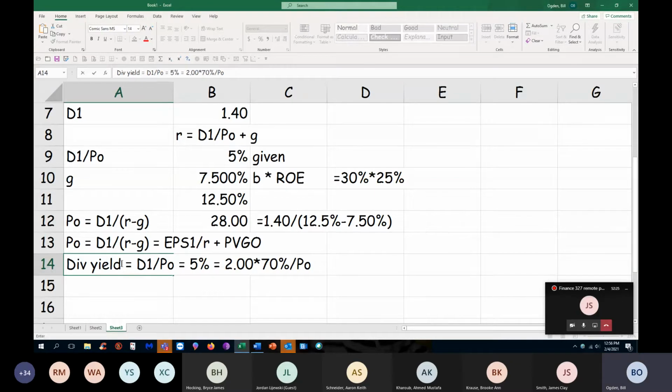So how difficult would this be to find P0? Well, basically, all you have to do is solve the same equation for P0, and we can do this. And we do equals. You know what that means in Excel? It means you made the error 3 times, not once.